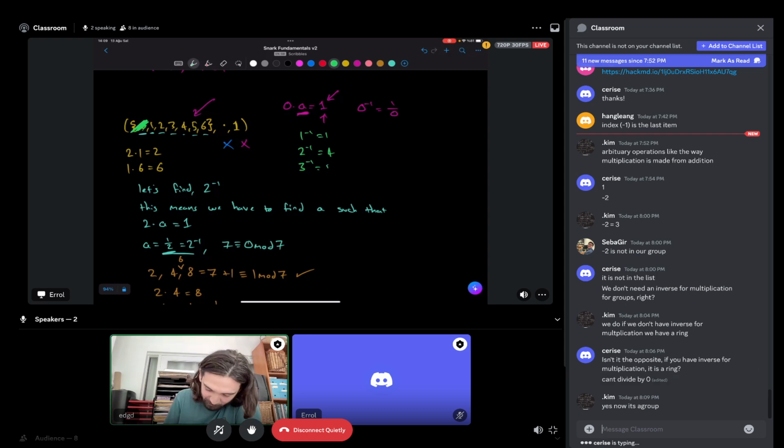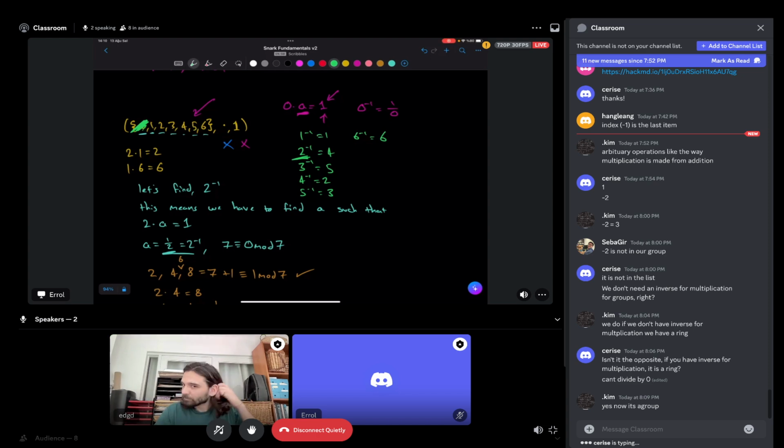It would be 5, because 3 times 5 is 15, which is 7 plus 7 plus 1, and we'll get rid of the 7s. And then 4, we can do this quickly because it will be the opposite thing. Like this will be 2, and 5 inverse will be 3, and 6. 6 inverse, what will that be? Well, there's no other pairing for it, so actually itself, because 6 times 6 is 36, which is 35 plus 1.